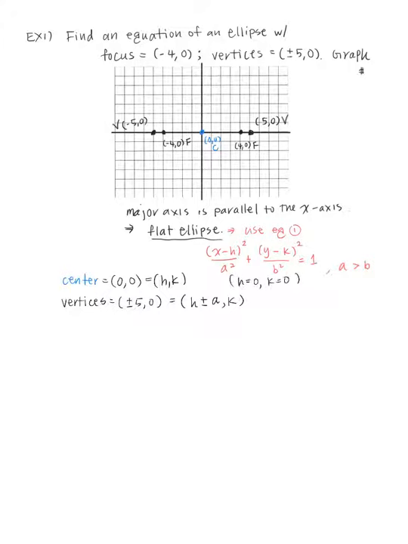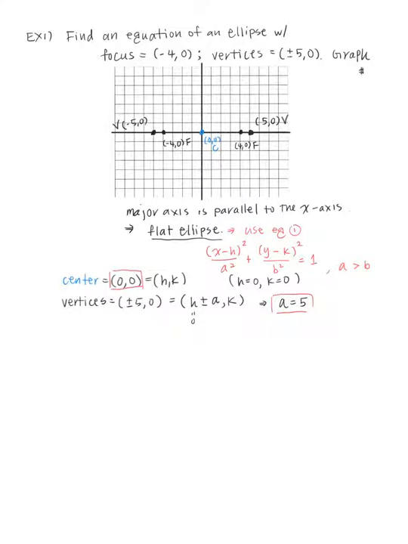Keep that in mind. Since h is 0, ±a must equal ±5. So that implies that a must be 5. Let me box all the important information here.